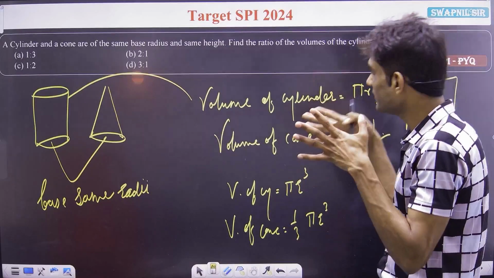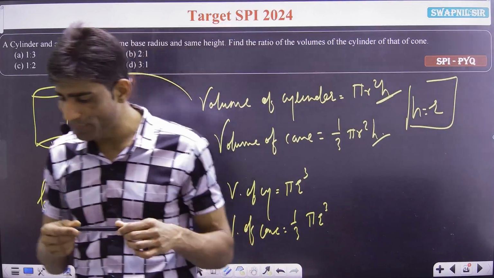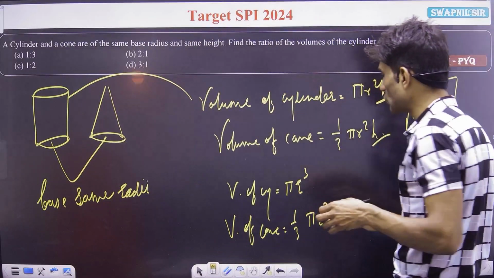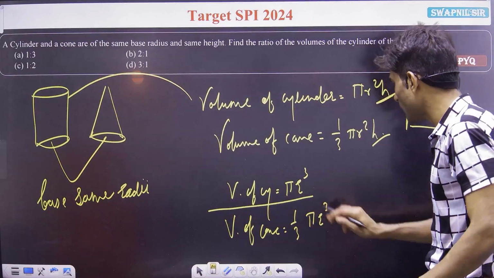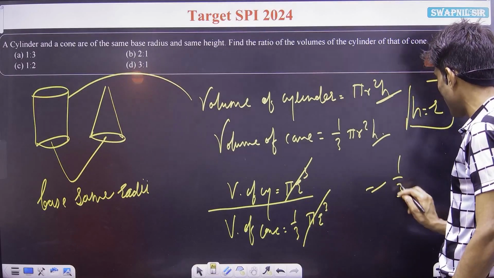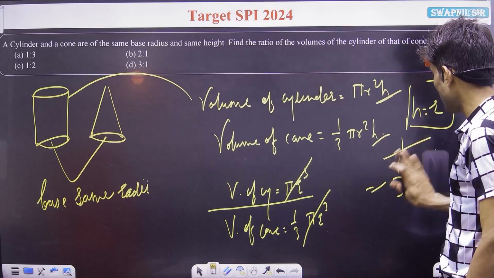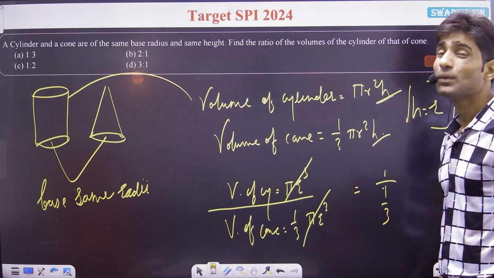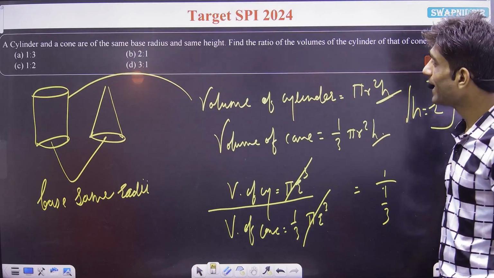We want the ratio between both of them, so we divide: pi r cube cancels, and we write 1 divided by 1/3.